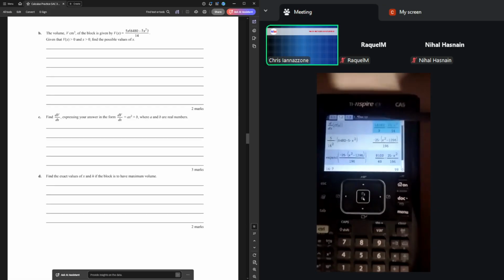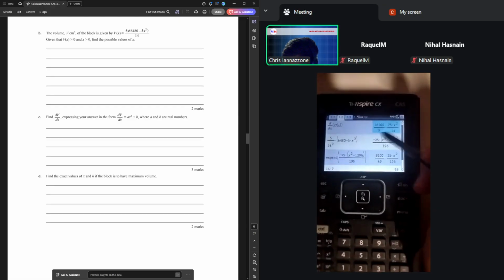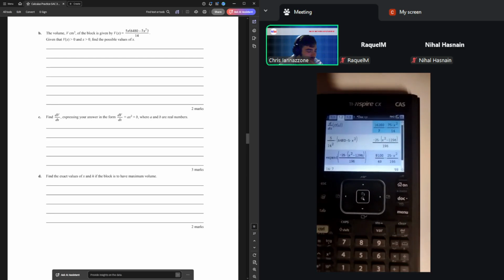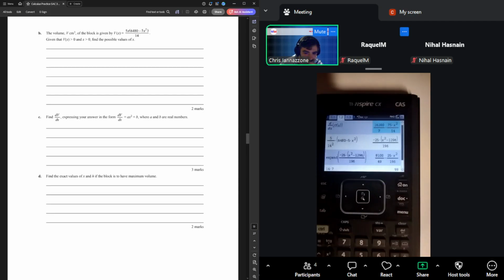Oh, some poor people didn't have the fraction part of this. They just said minus 75x squared plus. Oh, because they thought they were ripping off, because they thought a real number might mean an integer. That would suck. And some gave the answer as decimals, so they control entered it.